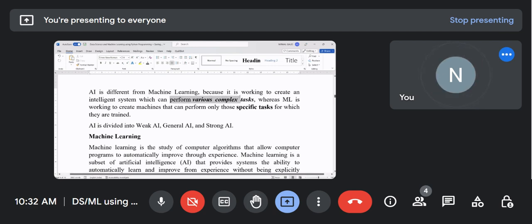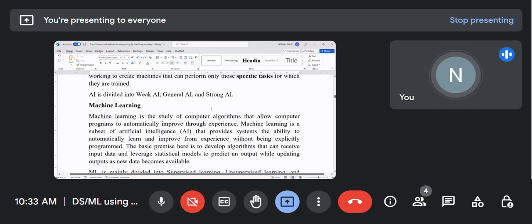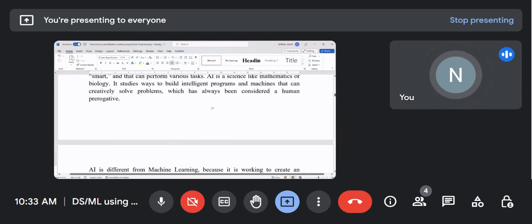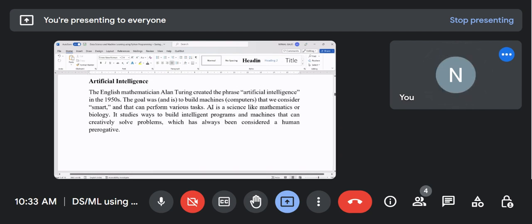Various complex tasks can be solved by feeding the data to the machine, making the machine learn and perform the analysis for those specific tasks, because machine learning comprises algorithms. And AI is divided into weak AI, general AI, and strong AI, depending upon the task for which the artificial intelligence is being used.